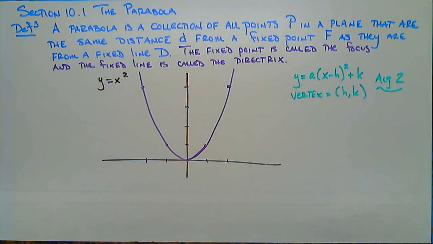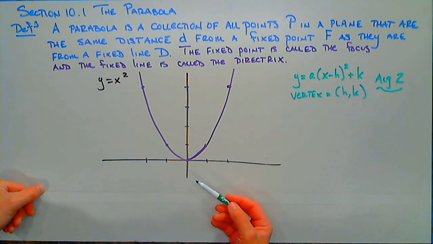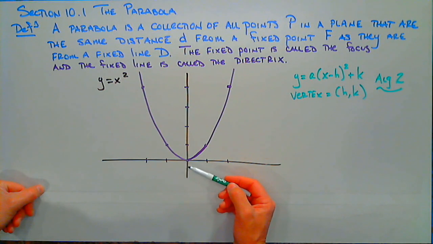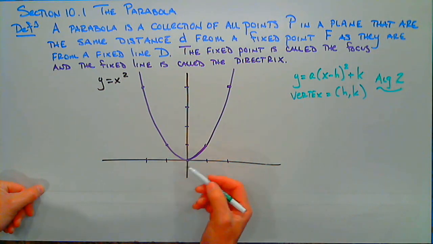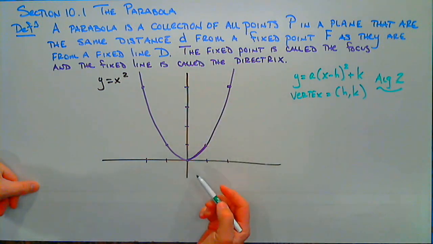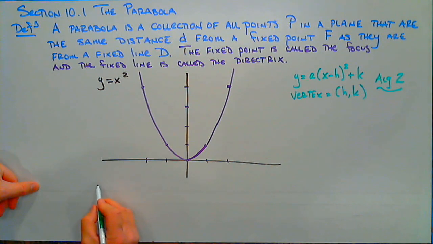That's what it's about. It says that this parabola has a point, which we're going to call the focus. And that point is special because, if this is a point on my parabola, I'm going to have some line.